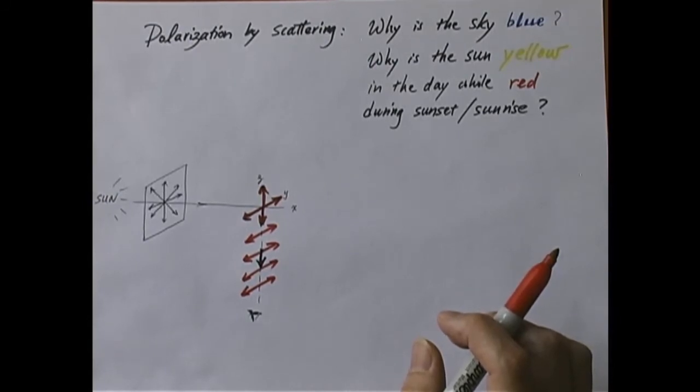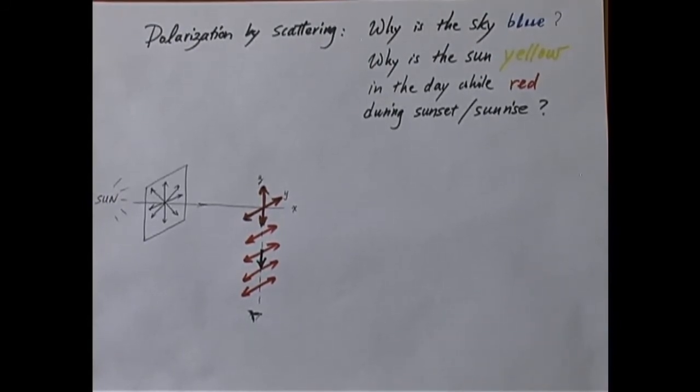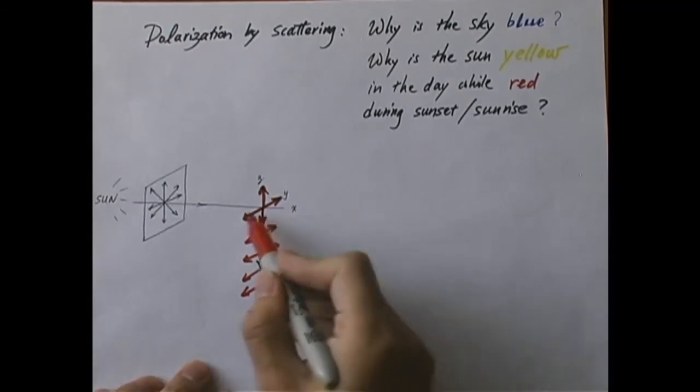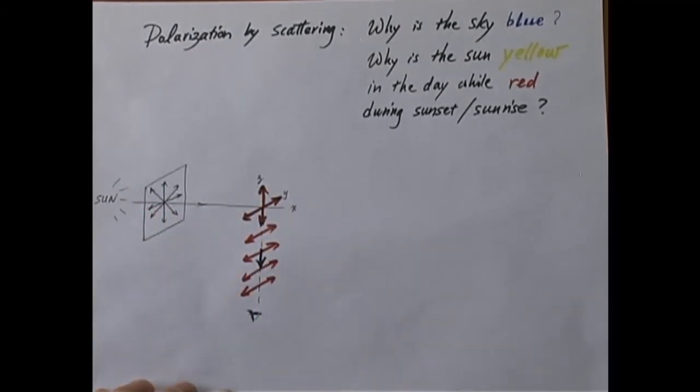You take that outdoors and you look at a direction away from the sun directly, and you rotate that polarizer, you find that you see a variation of the intensity of the brightness coming through, which means the sky is partially polarized. Except when you look directly at the sun, then of course there is no polarization.